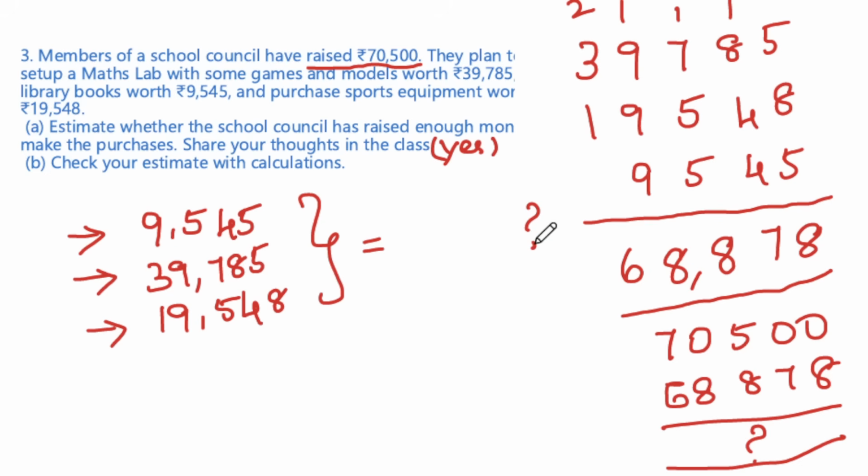I want all the students to do this one and find the correct answer and show me. Okay, you have to subtract 70,500 minus 68,878 to give me the exact value. Okay, balance. It will be 1,622, but I want you to show here how that 1,622 is coming. You have to subtract and show me.